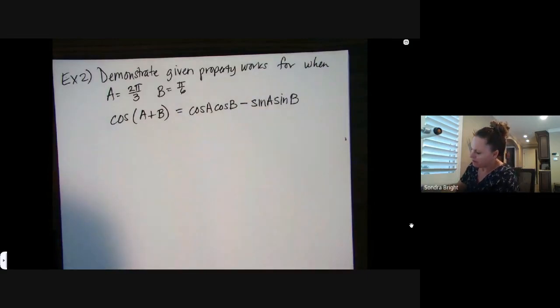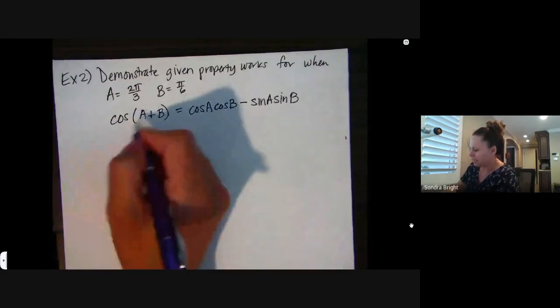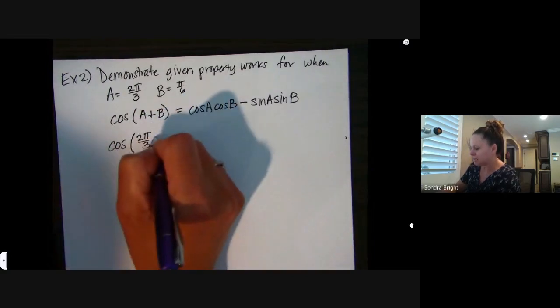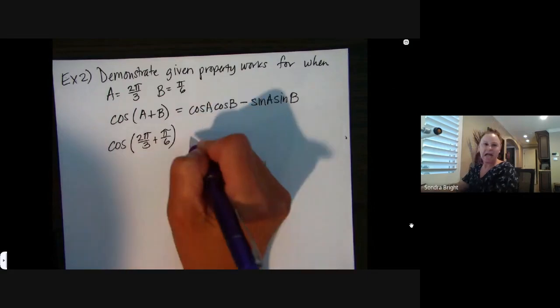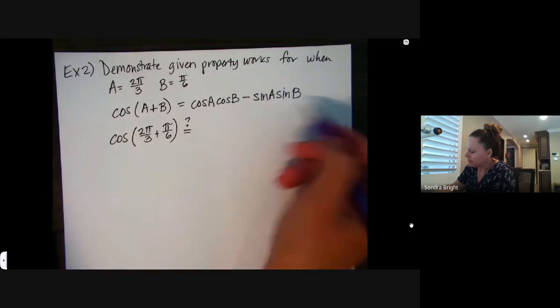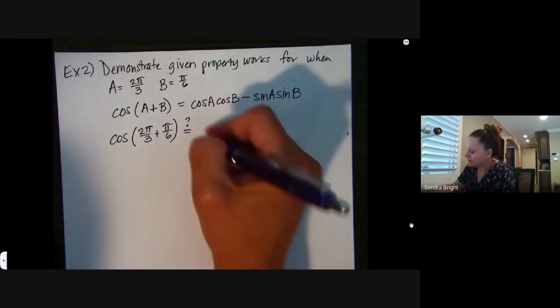Okay, so we're going to plug these in. So I've got cosine of, plugging in a 2 pi over 3 into A and a pi over 6 into B. And I'm saying, I don't know if it's equal. Well, I do, because we know that that's an identity, but whatever. We're going to show it.